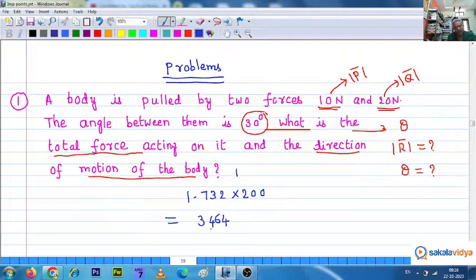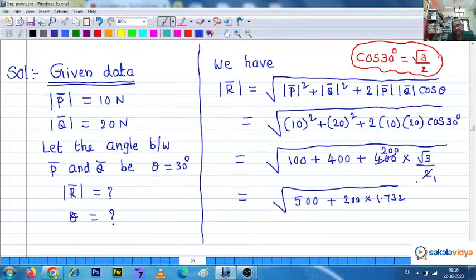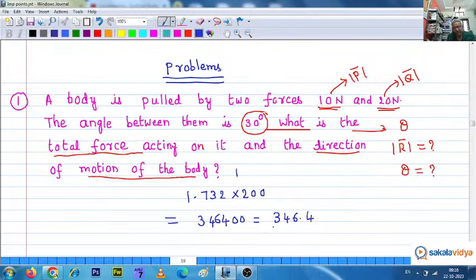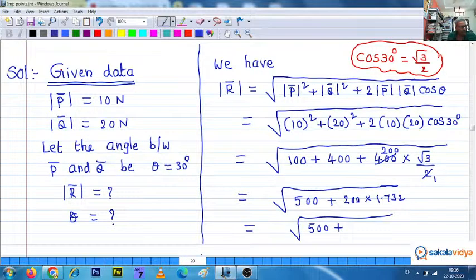So, 3 4 6 4 and 2 zeros. How many points? Actually 3 points. So that means we can write 346.4. So, 346.4 is equal to square root of 500 plus the value, 346.4.